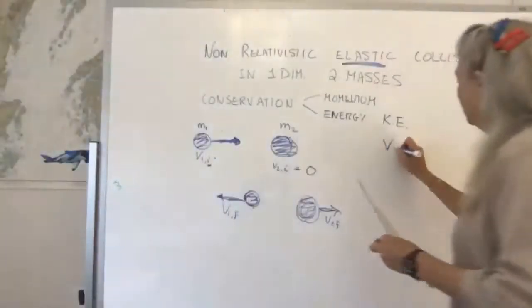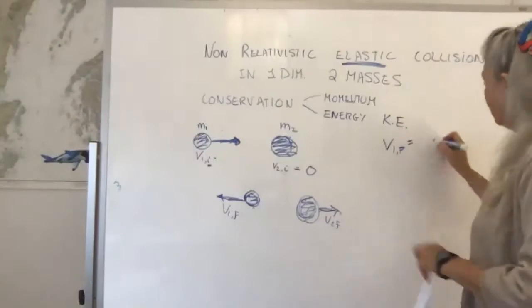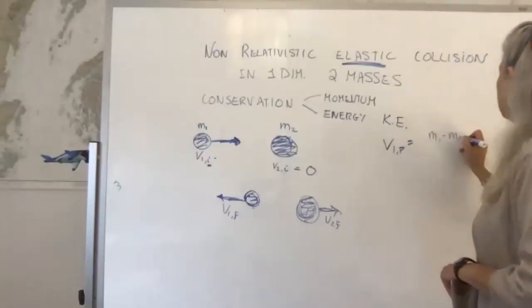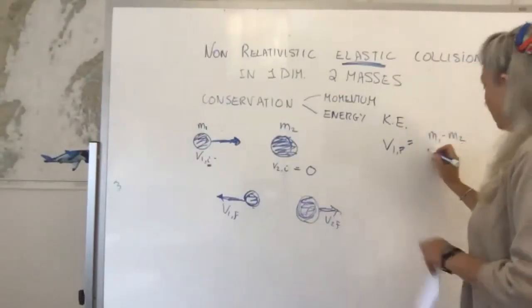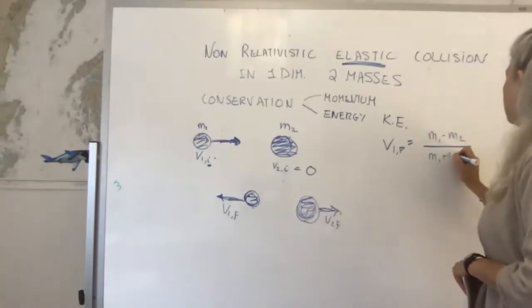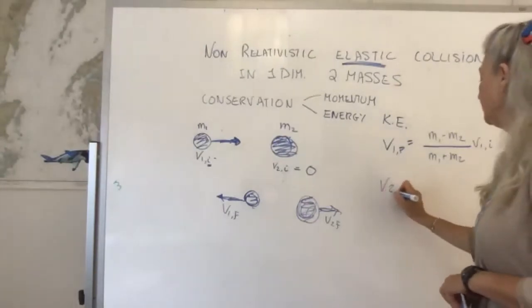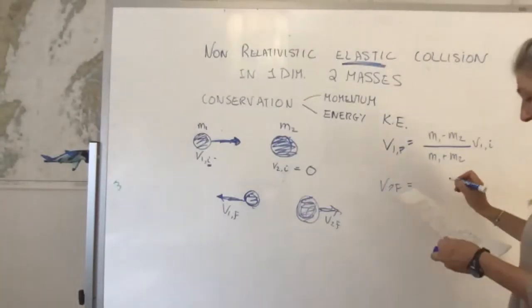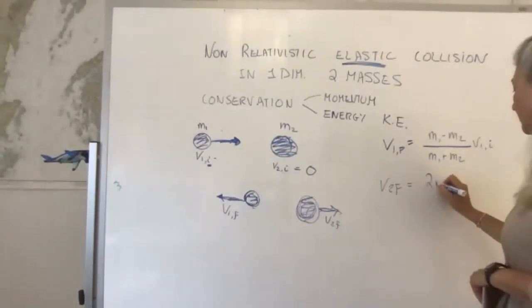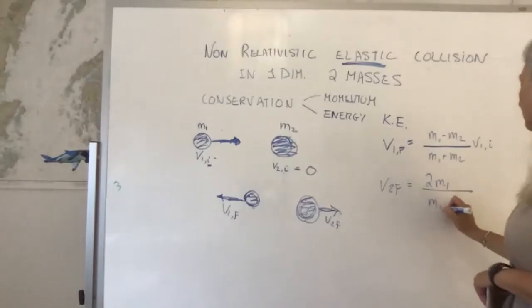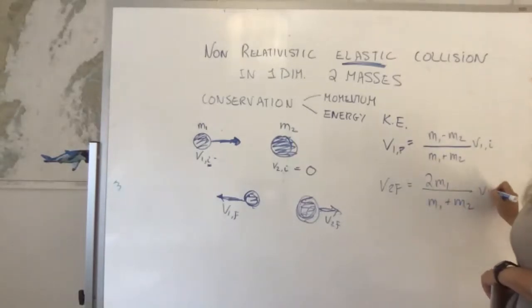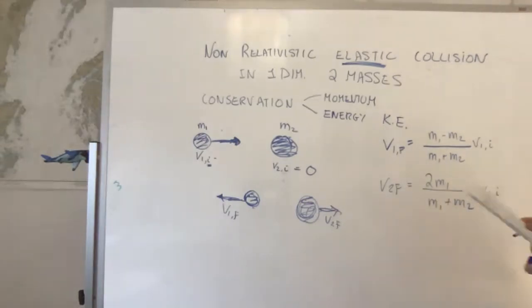V1 final was m1 minus m2 over m1 plus m2 times the initial velocity, and V2 final was 2m1 over m1 plus m2 times V1 initial. That was what we derived last time.